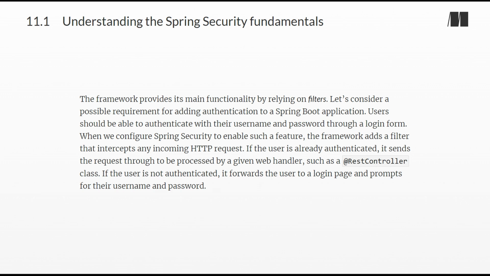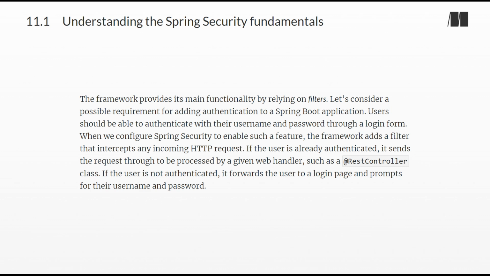Let's consider a possible requirement for adding authentication to a Spring Boot application. Users should be able to authenticate with their username and password through a login form. When we configure Spring Security to enable such a feature, the framework adds a filter that intercepts any incoming HTTP request.